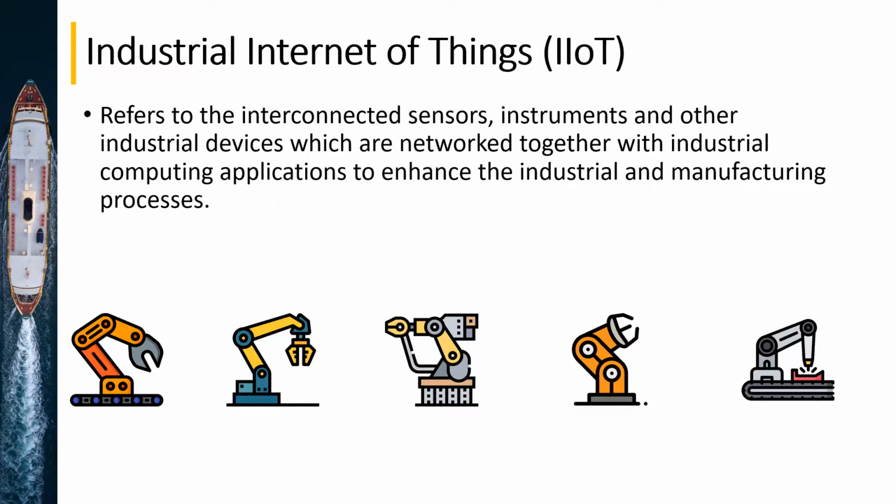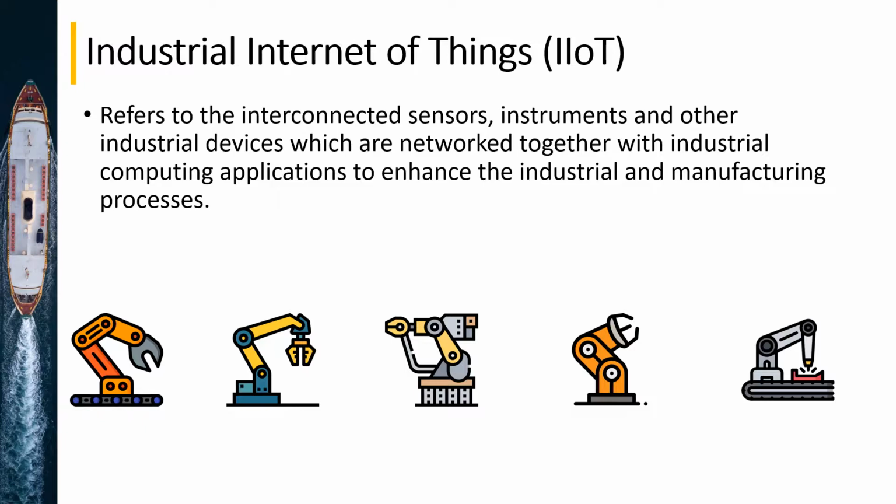Industrial Internet of Things, IIoT. So IIoT is all about the industrial application of Internet of Things. Basically it's this whole ecosystem of interconnected sensors, instruments and devices in a networked environment, talking to each other and sharing information to enhance the industrial and manufacturing process.